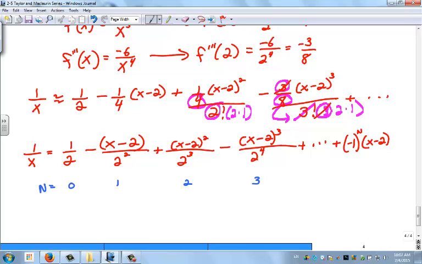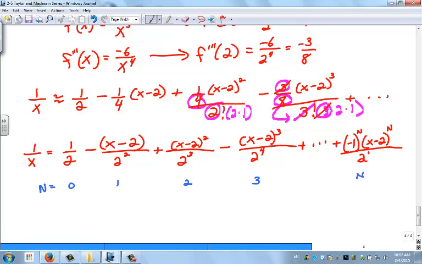Hey, look, it matches, right? 3, 3. You're good there. So x minus 2 to the n, I should put, and then over, well, it's not 2 to the n, but it's darn close, right?